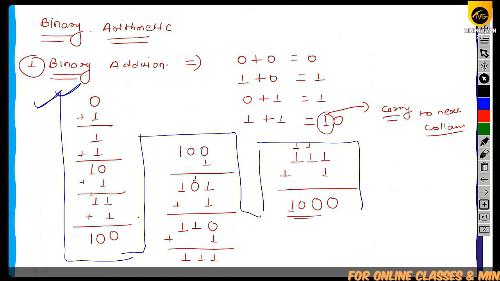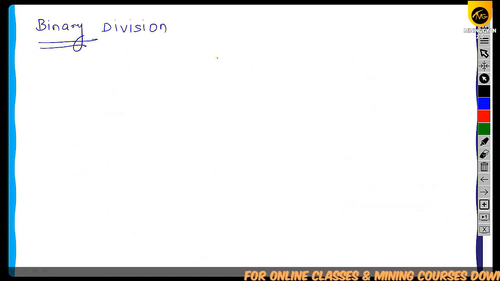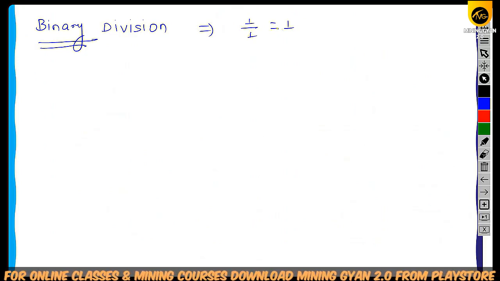Okay, binary division. The basic operation in division is just 1 divided by 1, it will become 1. Now suppose you want to divide 11 by 10, okay, simple.